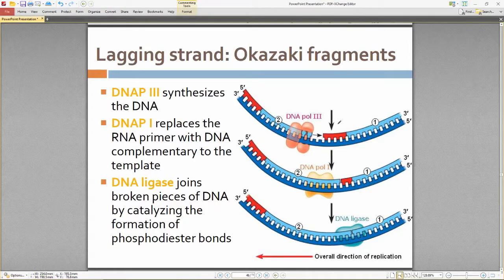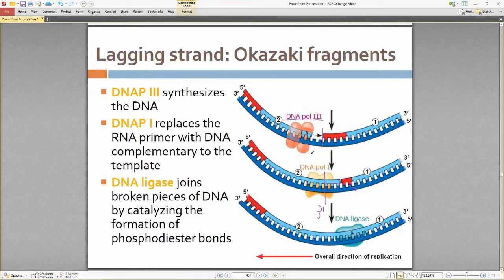During normal replication, when you have a primer, DNAP3 is going to stop where this primer begins. Then DNAP1 will come and use the 3' end placed by DNAP3. So normally there would be a 3' end here, and that's where DNAP1 comes in and replaces the primers. Does that make sense?